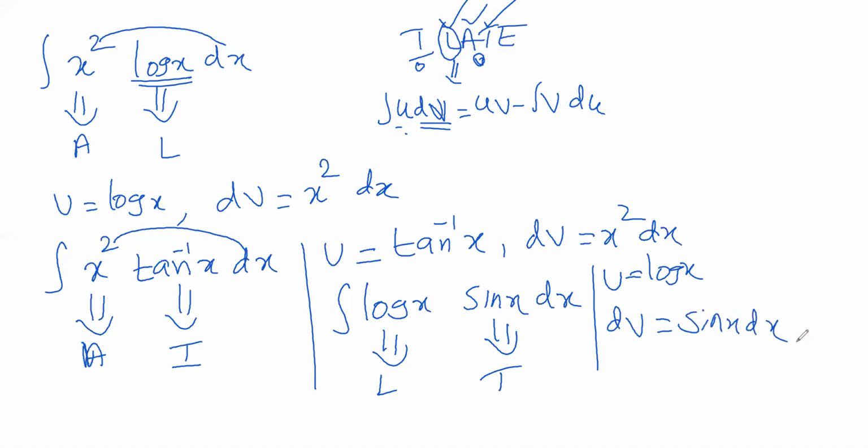Now you know very well that integration by parts is very useful when the integrand is given as a product of two functions. For example, e power x into sin x. e power x is a function, sin x is also a function, so it is a product of two functions.